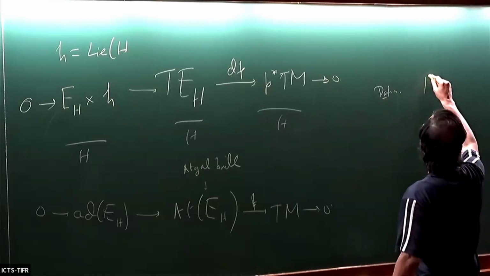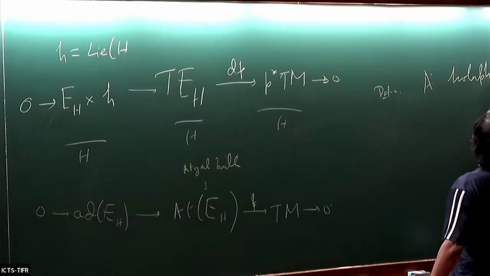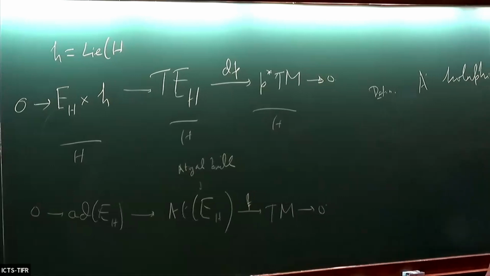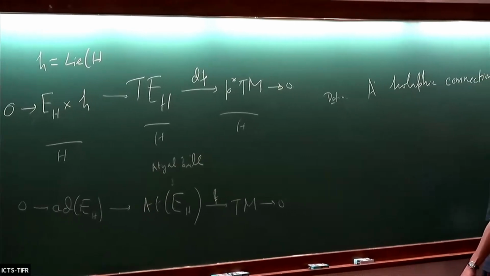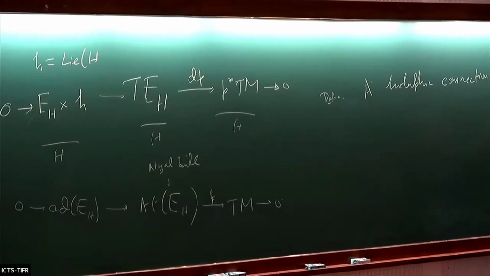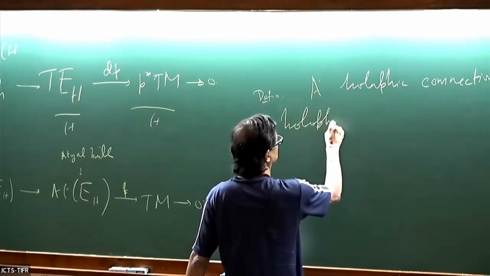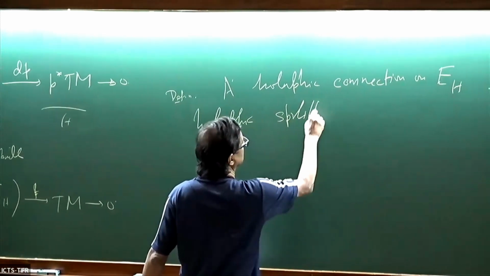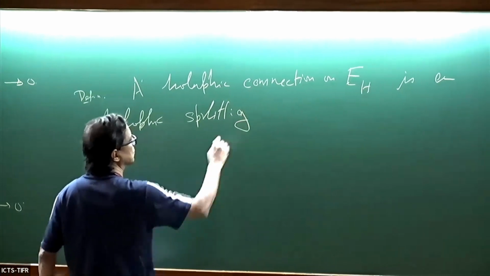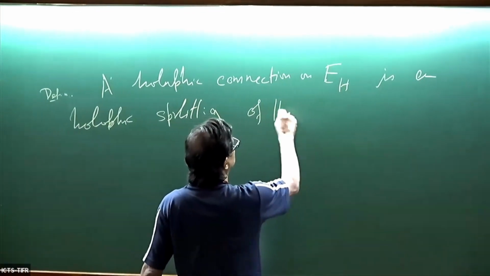A holomorphic connection on E_H is a holomorphic splitting of the Atiyah exact sequence.